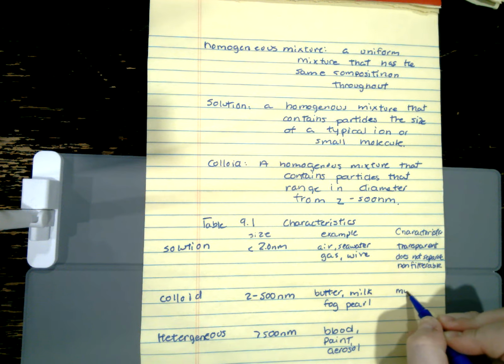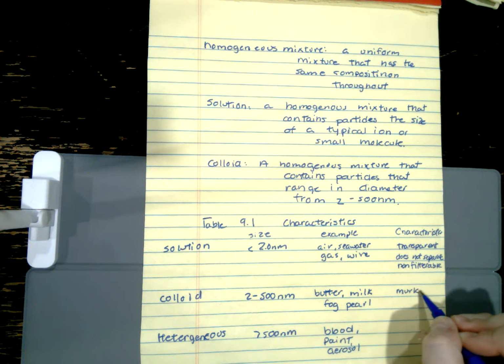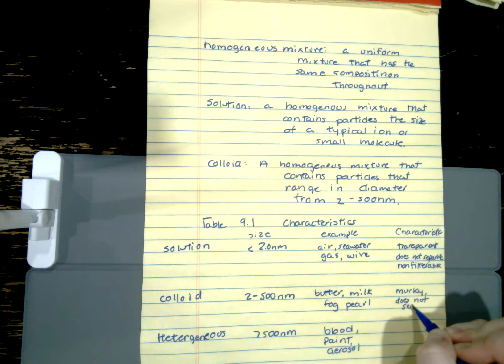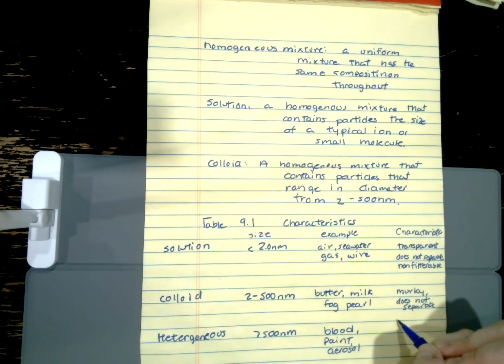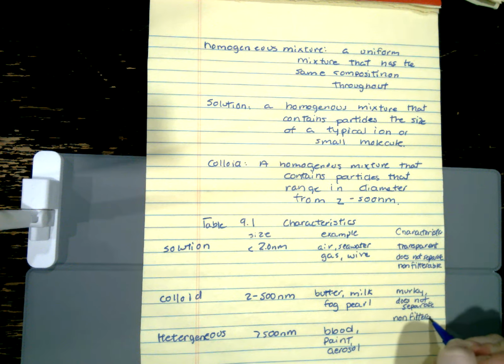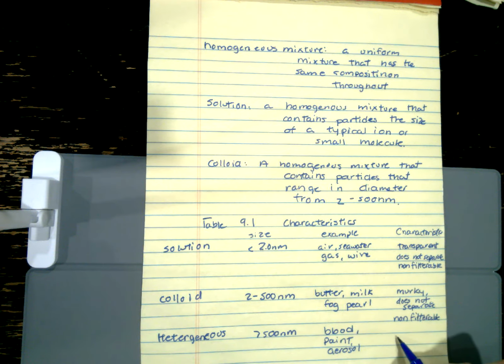Colloids are often murky, like milk. Does not separate. And non-filterable. Then this is murky, and this separates, and it's filterable.